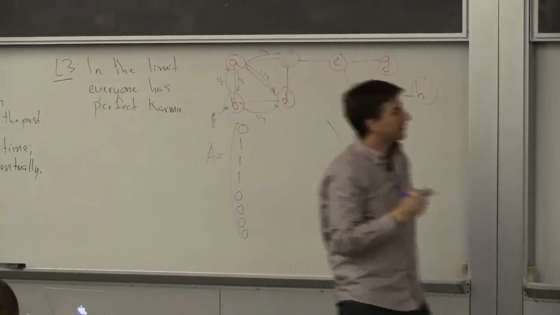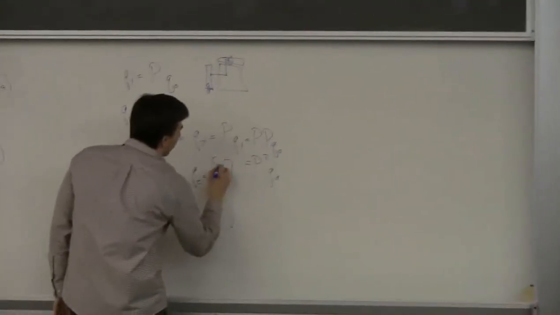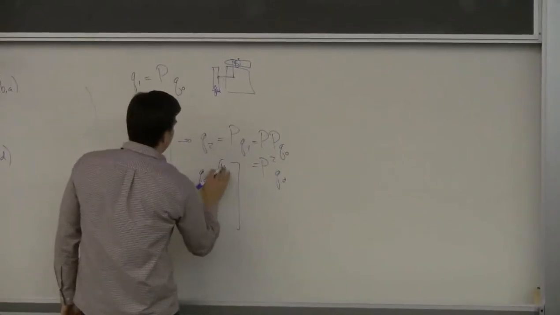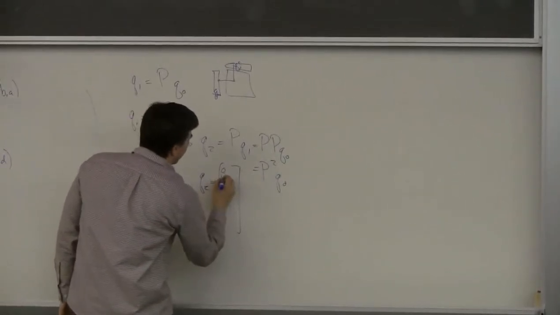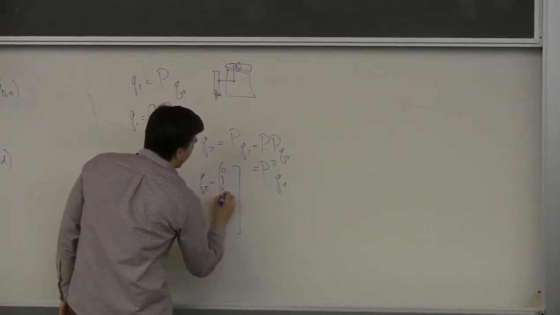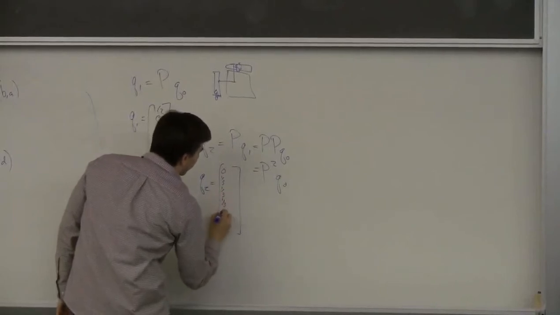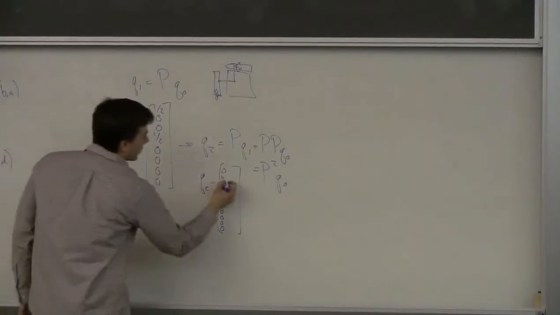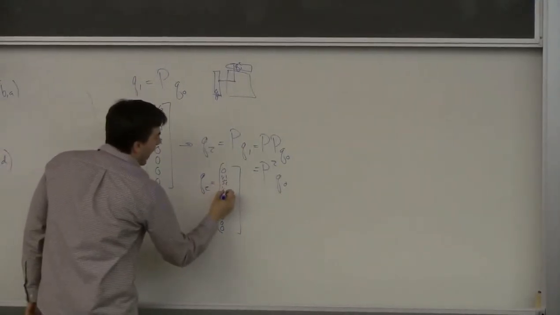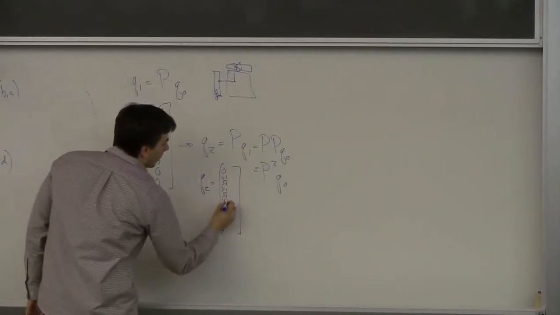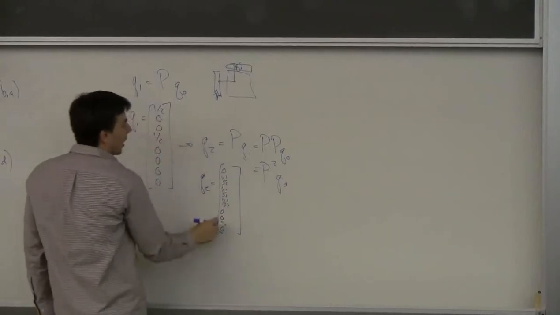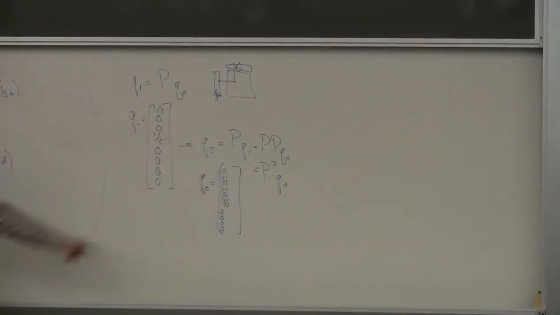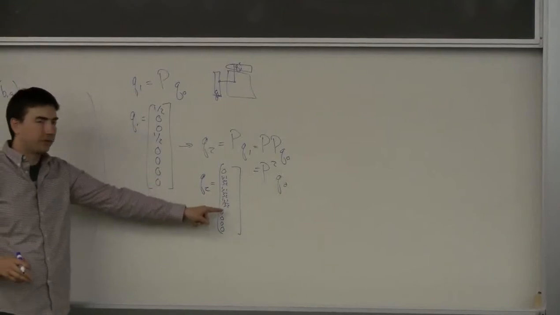So Q2 is going to get 1/3, is in A, 0, 1/3, 1/3, 1/3, 0, 0, 0, 0. But this was times 1/2. This was coming from state A. So this is 1/6, 1/6, 1/6.